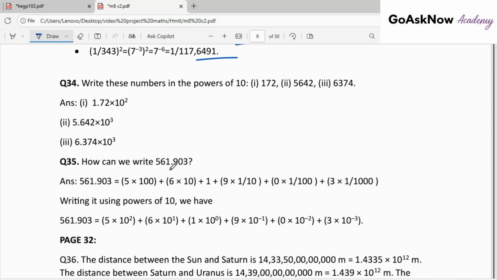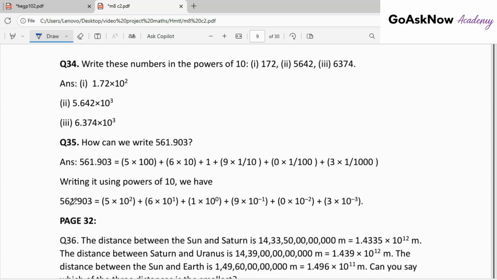How can we write 561.903? 5 into 100 plus 6 into 10 plus 1 into 1 plus 9 into 1 divided by 10, 0 into 1 divided by 100 and 3 into 1 divided by 1000.